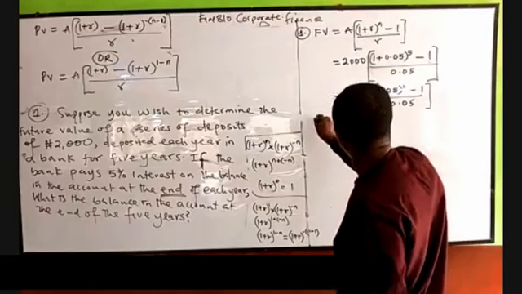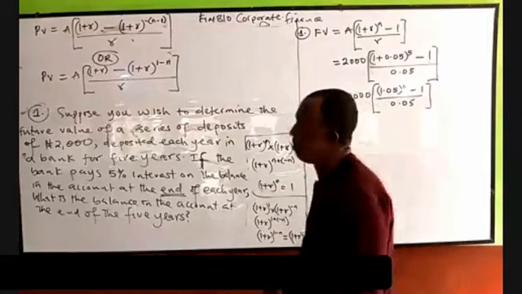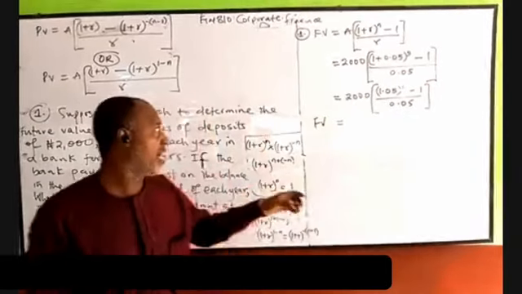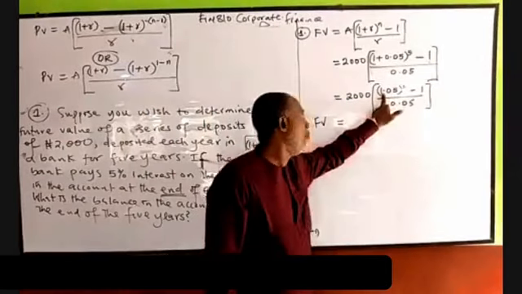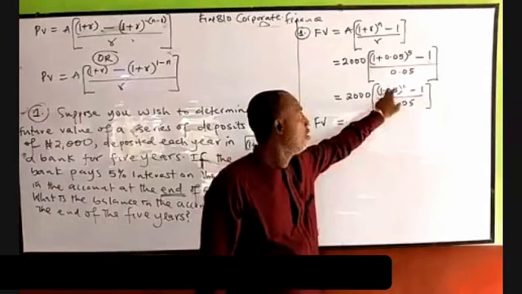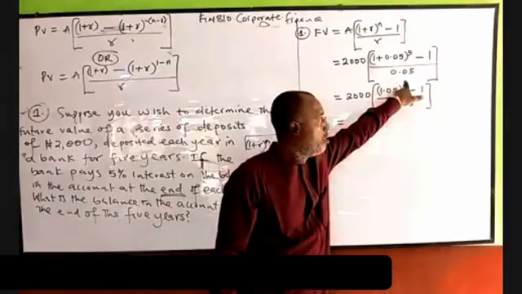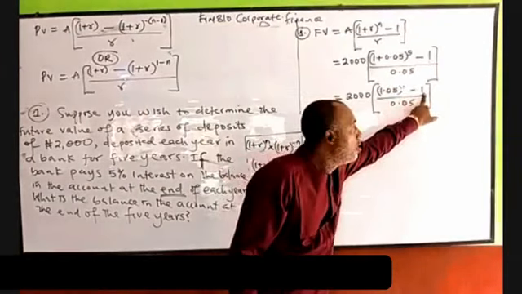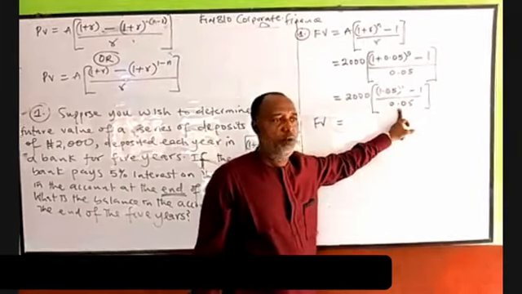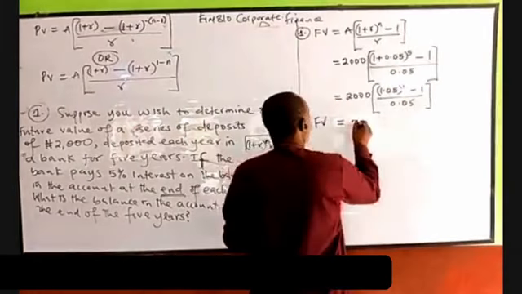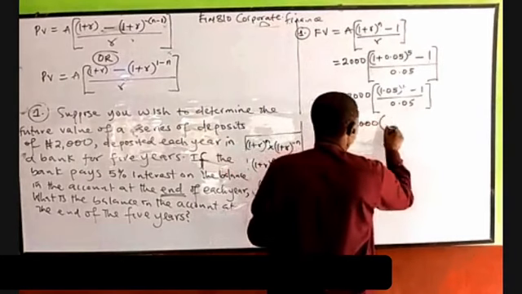The future value of this amount after 5 years. Somebody press your calculator this way. 1.05 raised to the power of 5 minus 1 divided by 0.05. Let us know what it is so that we can carry everybody along.